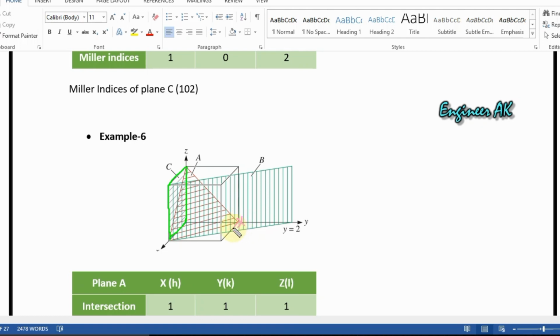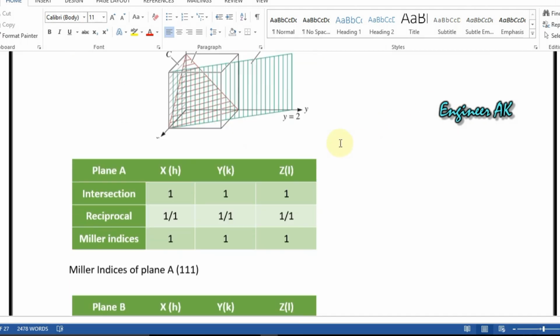If I move along the x-axis, it is not cutting the plane, so it becomes infinity. Then if I move along the y-axis, this is my positive y-axis, and this one is my negative y-axis, so it will give me -1. And along the z-axis, again it is giving me infinity. So infinity, -1, infinity.